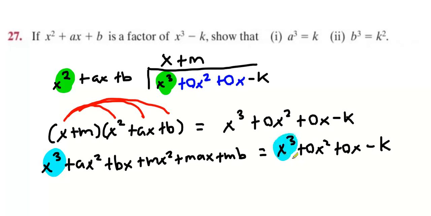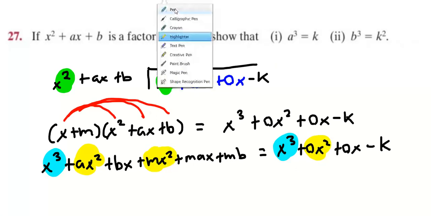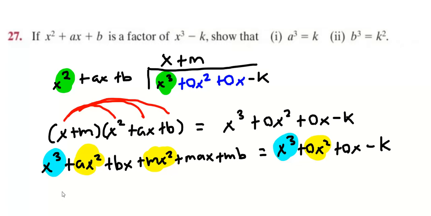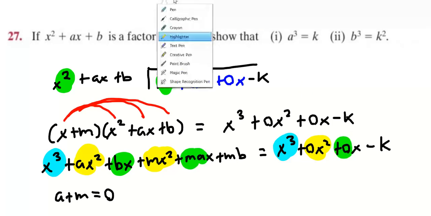Blue equals blue. Nothing to be learned there. Ax squared, 0x squared, and the mx squared as well. So there's something to be learned there. That means a plus m equals 0. Next one. b plus ma equals what? 0.